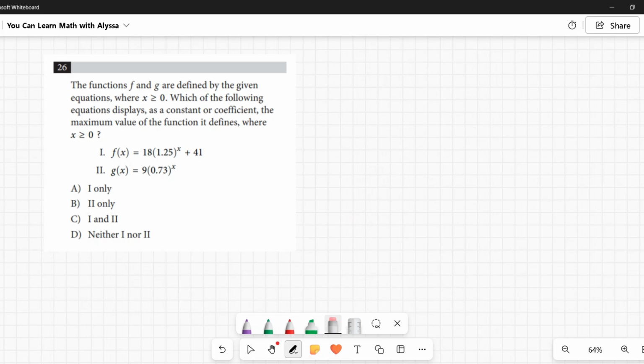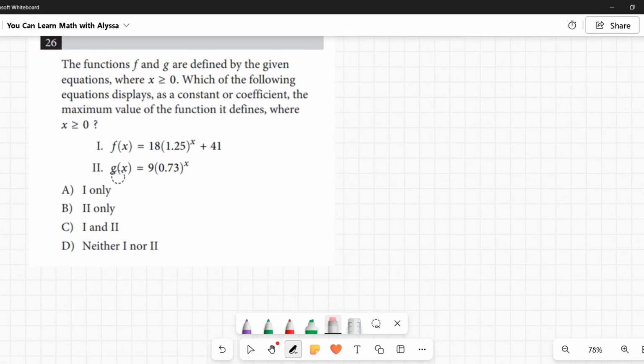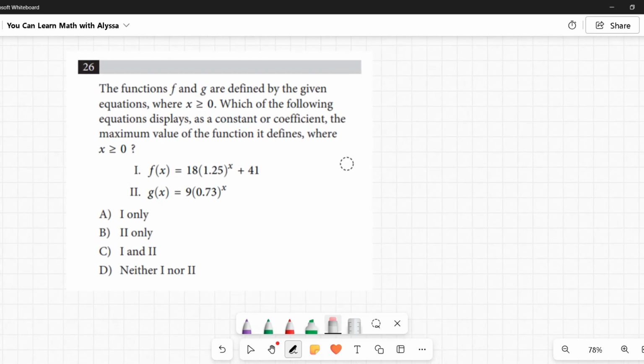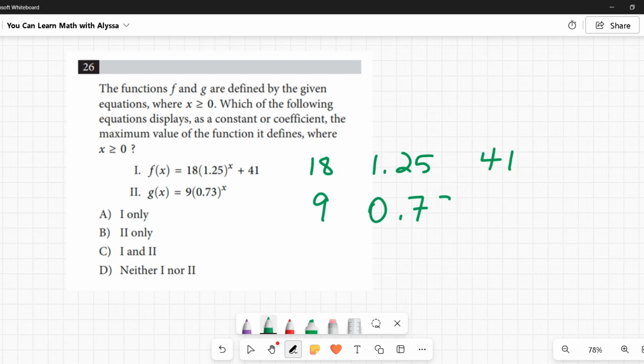So when we look at these equations and look for constants or coefficients, you're just looking at the plain numbers. What are my plain numbers in f of x? My plain numbers are 18, 1.25, and 41. Those are my constants or coefficients. In my second one, g of x, my plain numbers are 9 and 0.73. Those are my constants or coefficients.